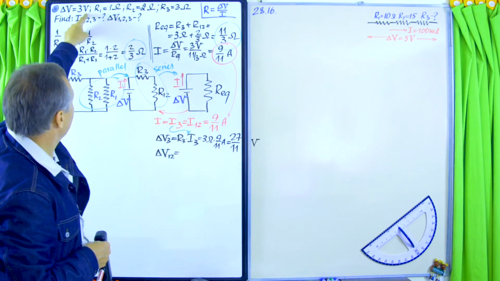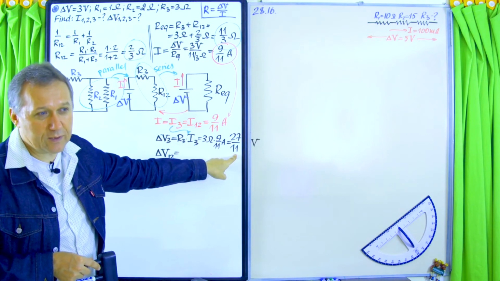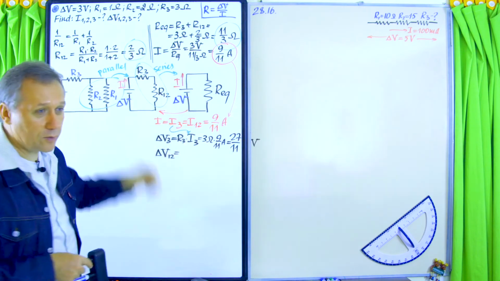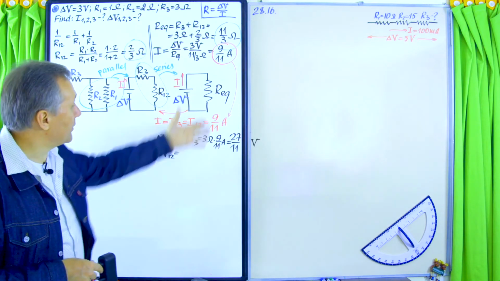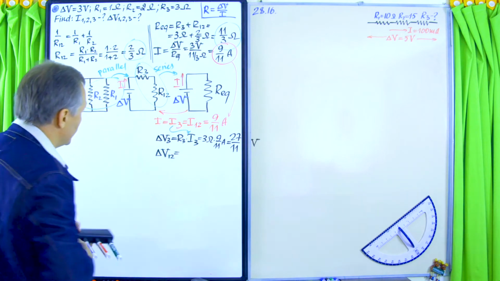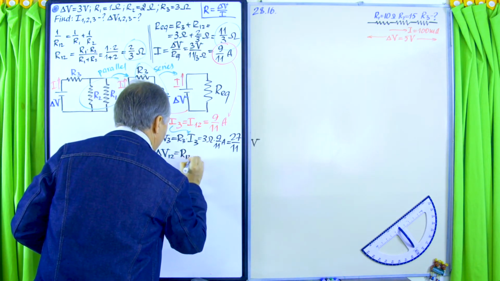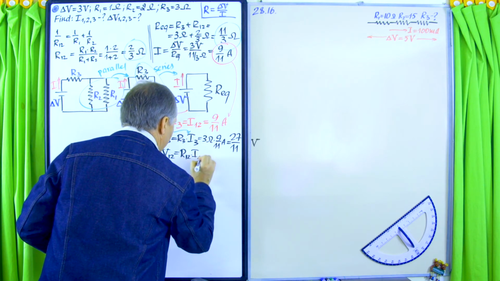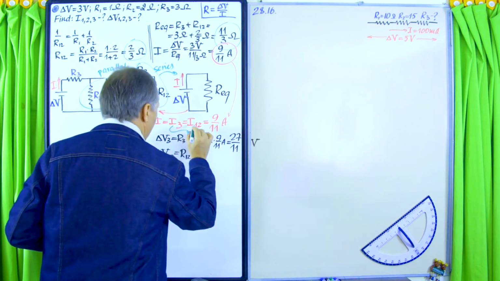So if you subtract 2711 from 3, you will get the potential difference across this resistor. You can do it that way, but I prefer to use Ohm's law. So delta V12 will be R12 times the current through that resistor.